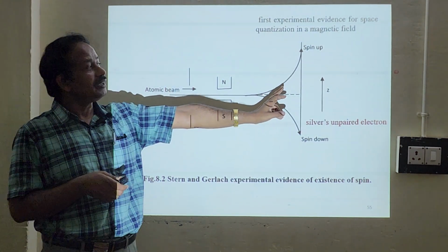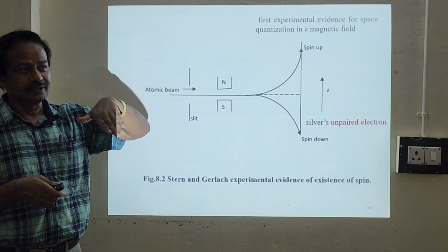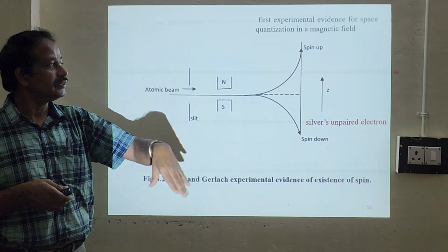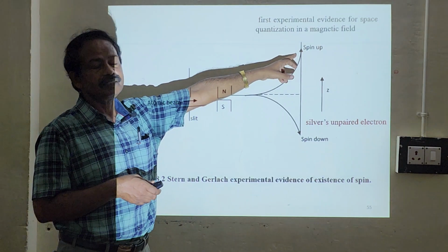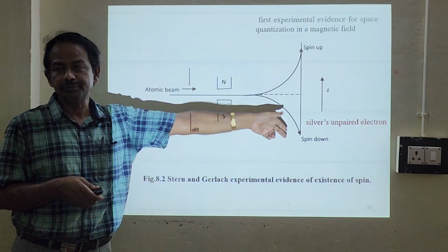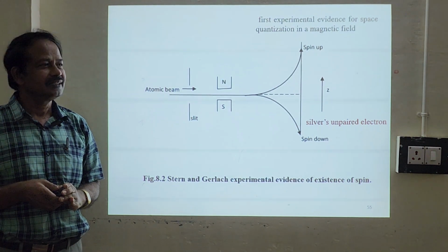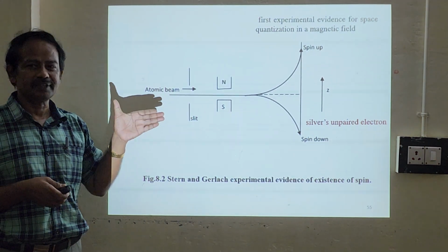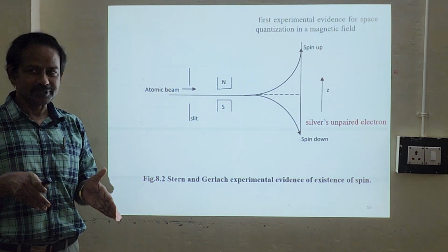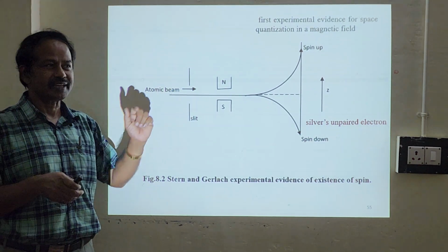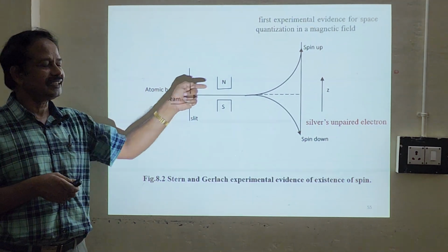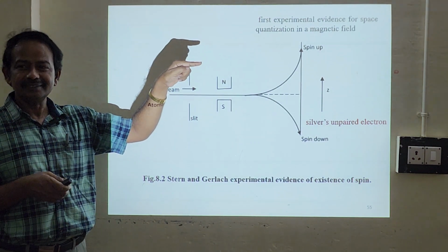Instead, they looked at the screen. Half of the beam reached the top, half of the beam reached the bottom. Just imagine that you have silver atoms which are neutral and pass through the magnetic field, and they guessed they would go and sit at the center.